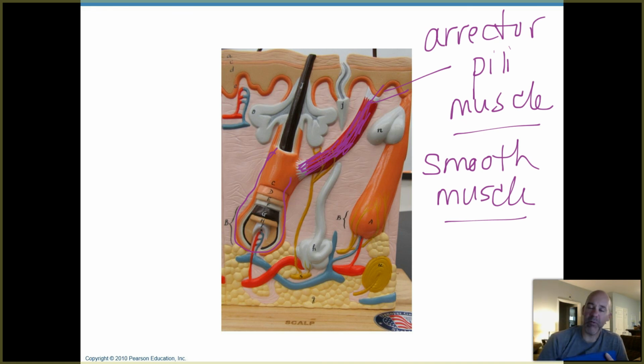But if you've ever seen a cat fluff itself out when it gets stressed out or scared, that's because its erector pili muscles are pulling on its fur and making the fur stand on end. So that actually happens in humans as well. And you see it more so as goosebumps because we don't have body fur like other mammals do.